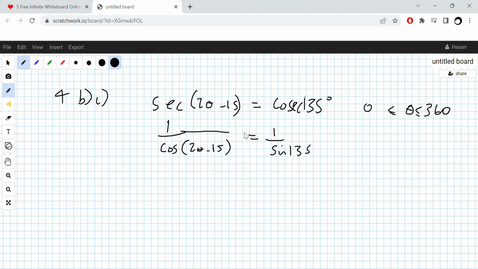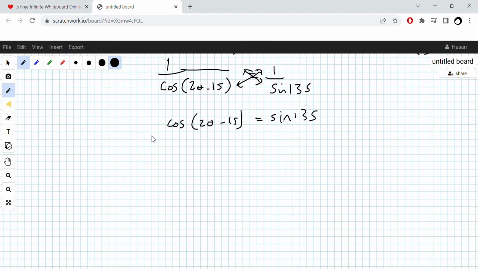By cross multiplying now, we can find out that cos(2θ − 15) equals sine 135. Now, we know sine 135 is root 2 over 2, and cos(2θ − 15) equals that.